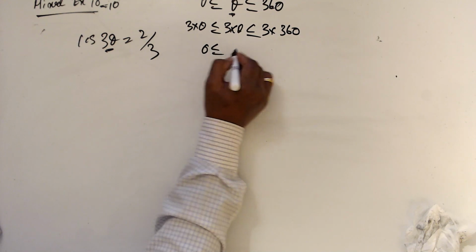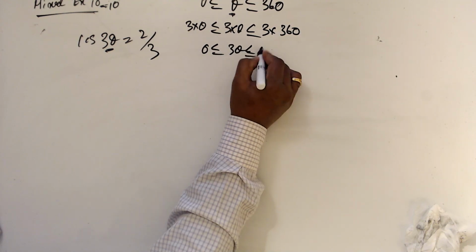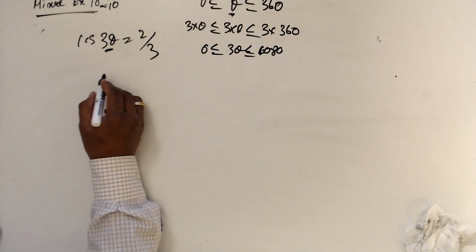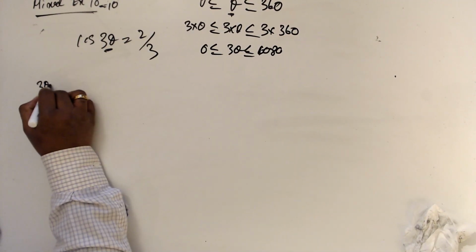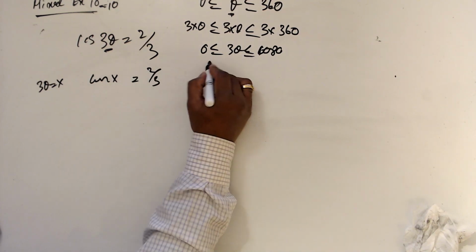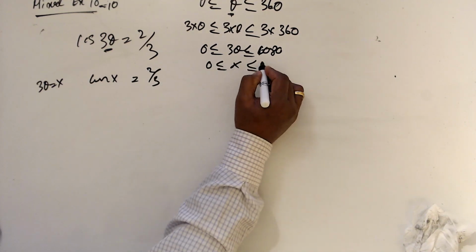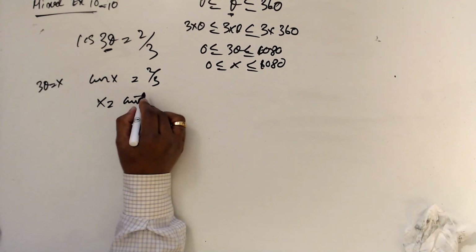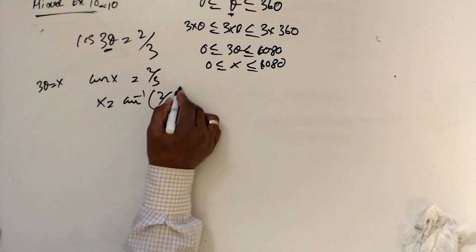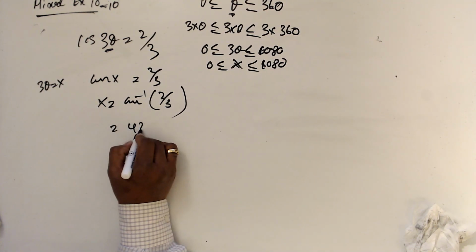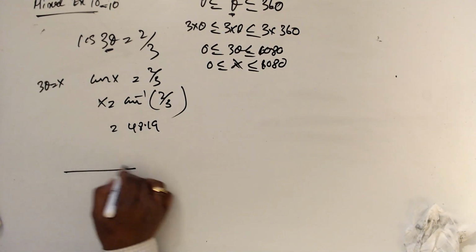So 0 to 3 theta to 1080. Now I take 3 theta as x, so cos x equals 2 over 3, with x between 0 and 1080. X equals cos inverse 2 over 3, which is 48.19.